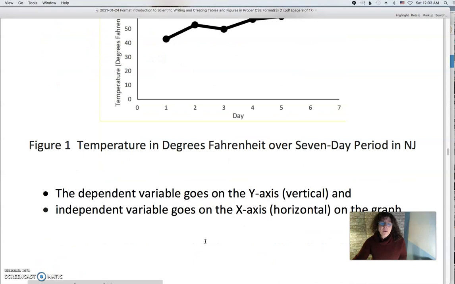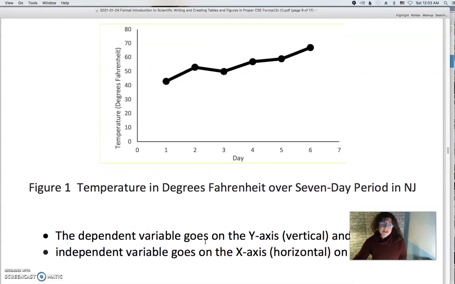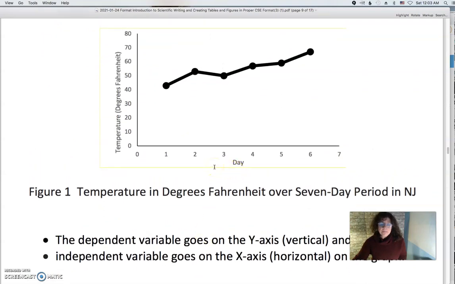And I wanted to point out to you that the dependent variable is always on the y-axis, because the dependent variable is what is being measured, and it will have fluctuation that is caused by the change in your experimentation and your independent variable. So your dependent variable of degrees Fahrenheit here is always on your y-axis.